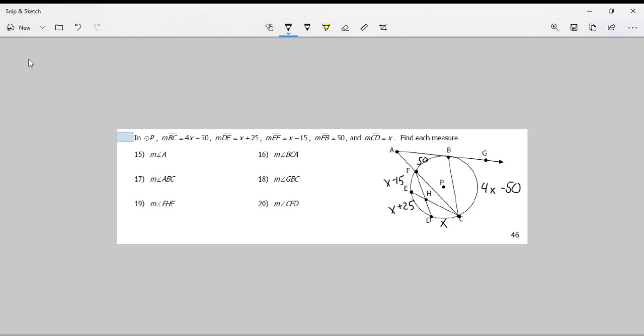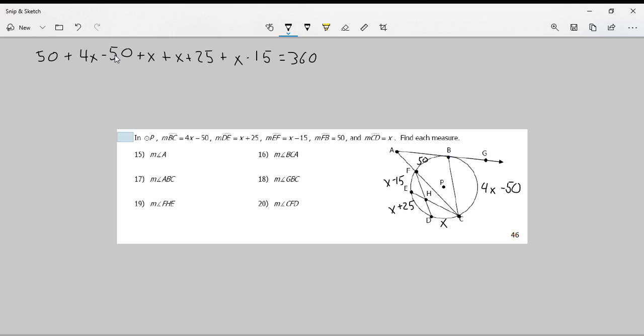We'll go clockwise: 50 plus 4x minus 50 plus x plus x plus 25 plus x minus 15. Going all the way around the circle, all those arcs are 360 degrees.